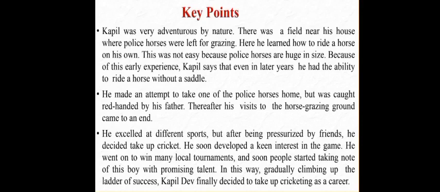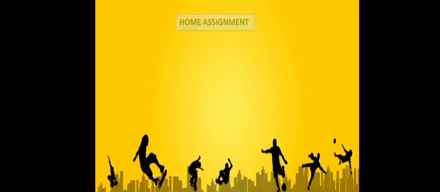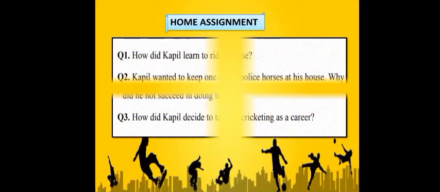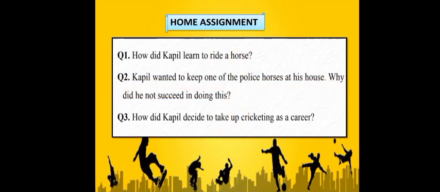Now, what to do? It is the ending part. If you understood, you have to answer these questions. Home assignments are given, dear children. Read the questions and try to answer them. How did Kapil learn to ride a horse?